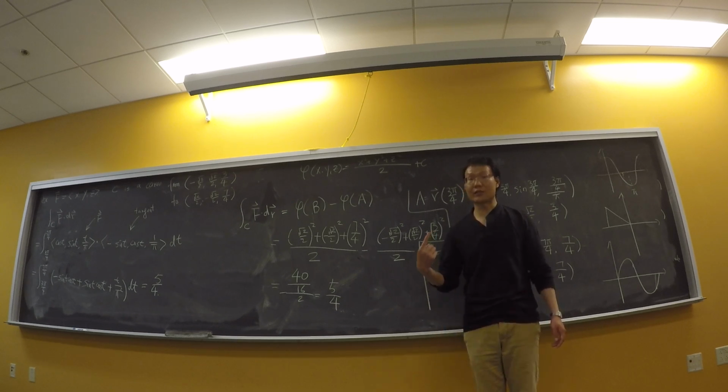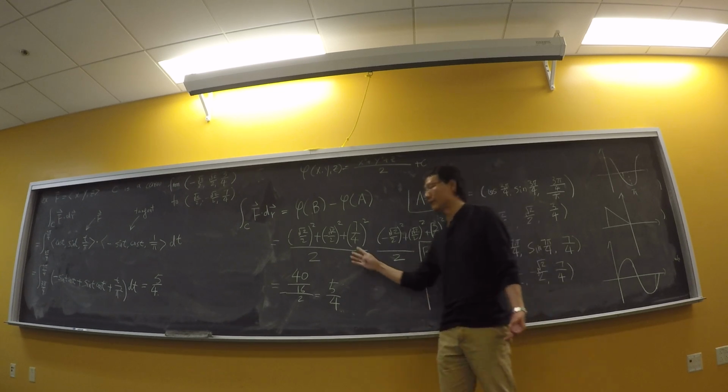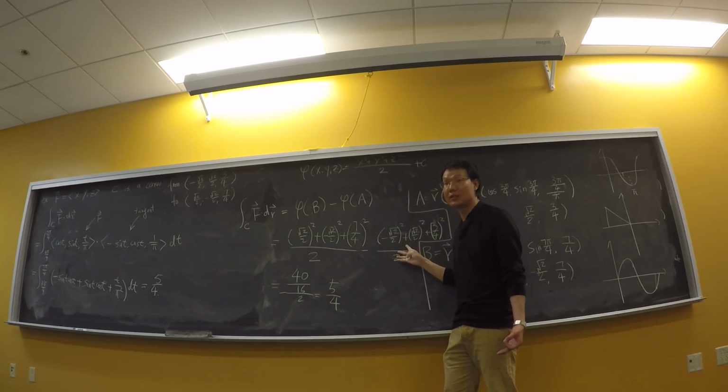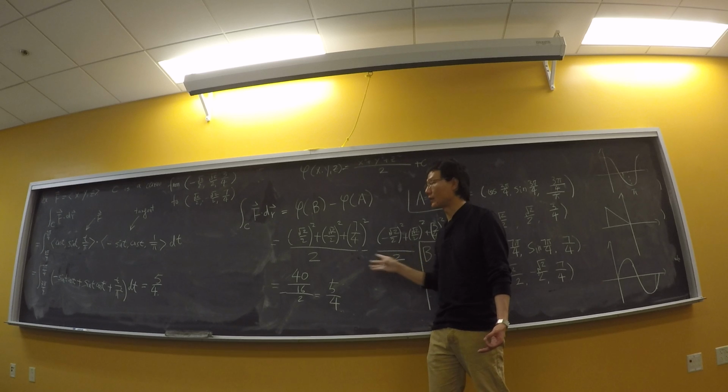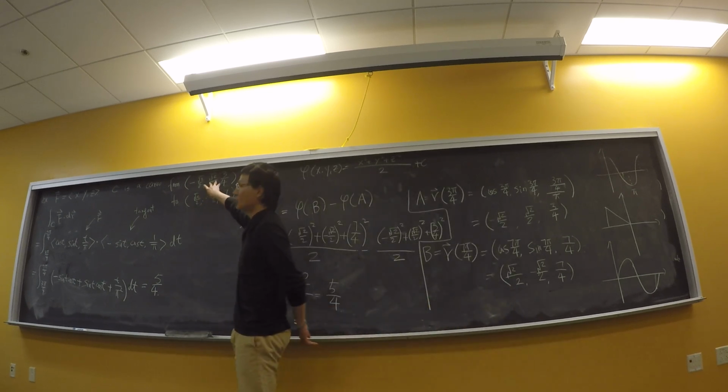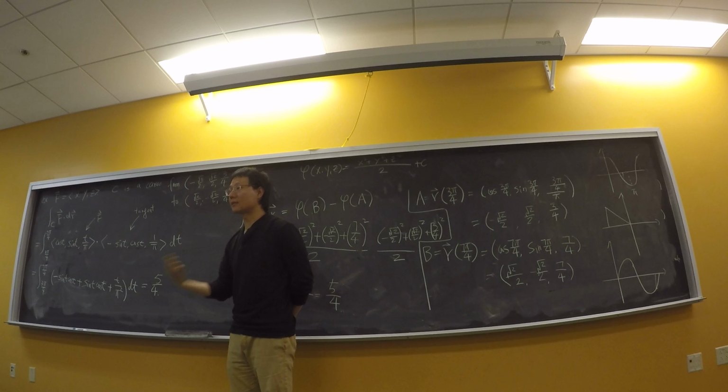Because if the vector field is conservative, then the line integral is independent of the curve. Am I right? It is only depending on the function difference of the potential function at the initial point and terminal point. So as long as these 2 points are given, you can always evaluate the line integral, no matter what the curve is. Are you with me? Is this confusing to you?